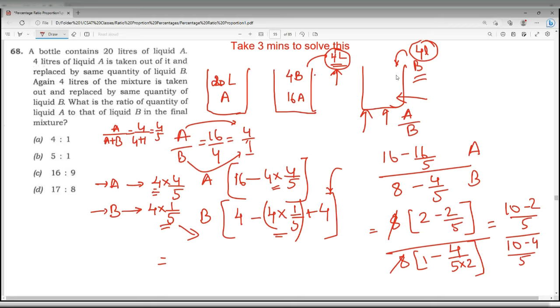So what they're asking is the ratio of the quantity of liquid A to that of liquid B. So this is 8 by 6. I think I have made a mistake here. Okay, sorry.